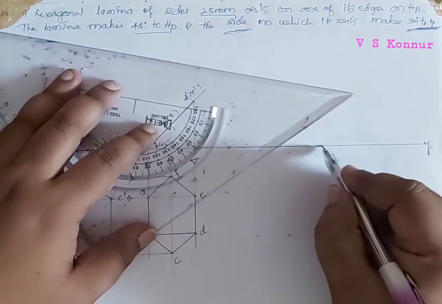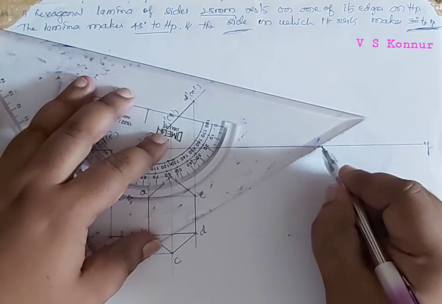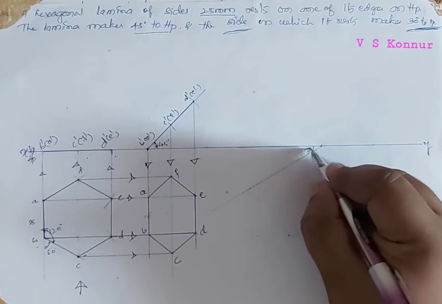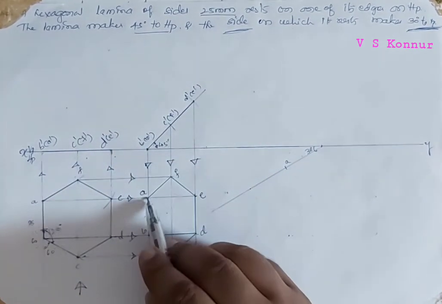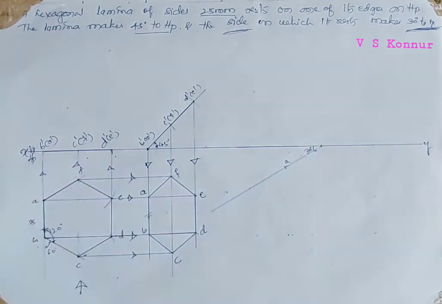So extend this line, thin line, and this is the 30 degree line. So mark A point on this, because the resting edge is inclined at an angle of 30 degrees, it is given.